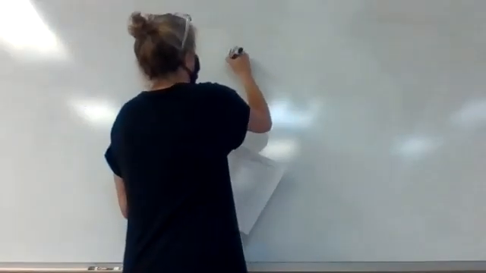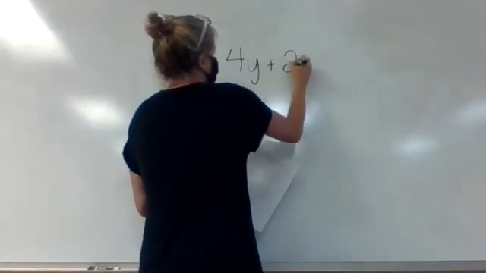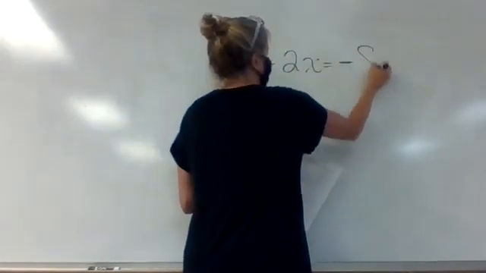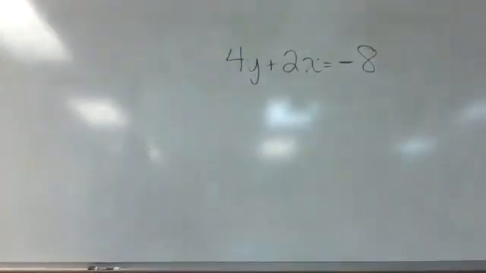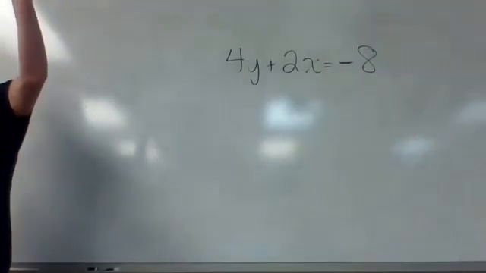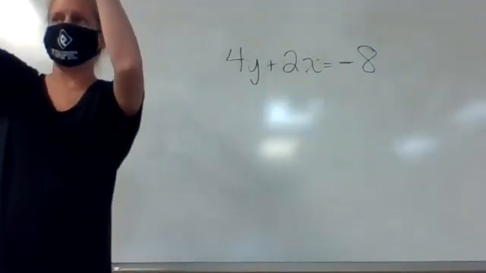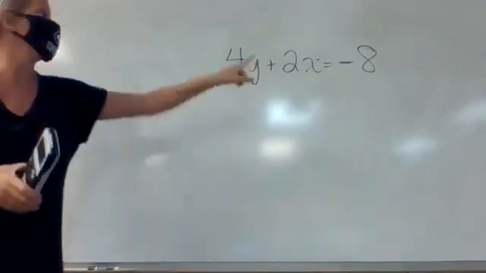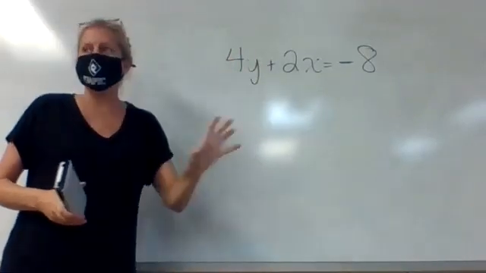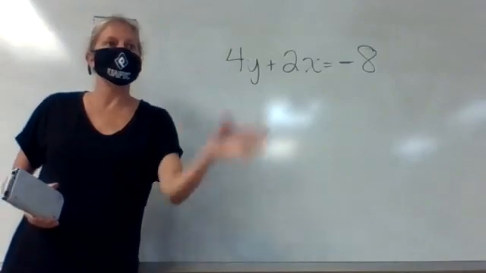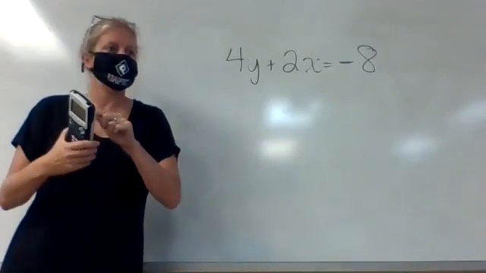Because on number 2, you have 4y plus 2x equals -8. Now, when you go to do any graphing in your graphing calculator, where do you go? Y equals, which means this needs to say y equals before you can use that button.